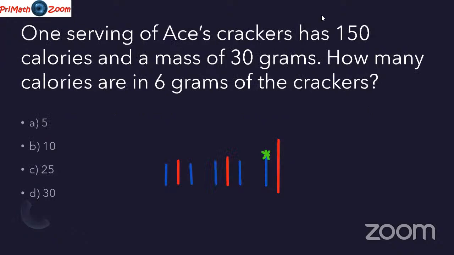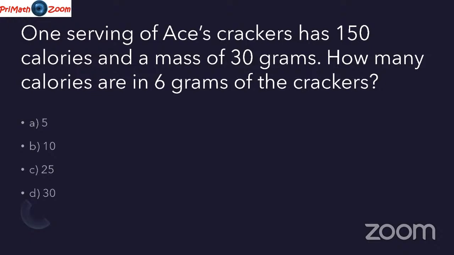Great, guys. So the next question says 1 serving of Ace's crackers has 150 calories and a mass of 30 grams. How many calories are in 6 grams of the crackers?